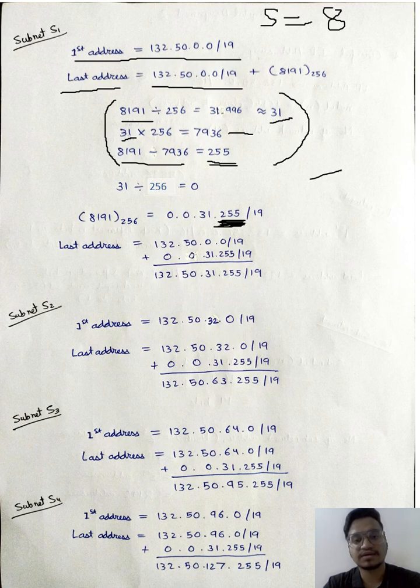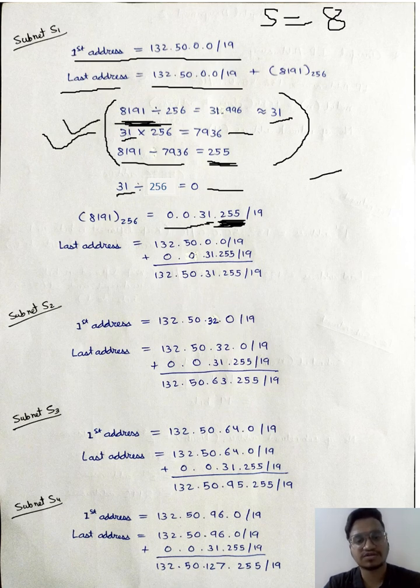We follow this procedure until we find a zero in the first step. Like here, we divide this 31 by 256, and if we do not get 0, we repeat this procedure again until we get a 0.